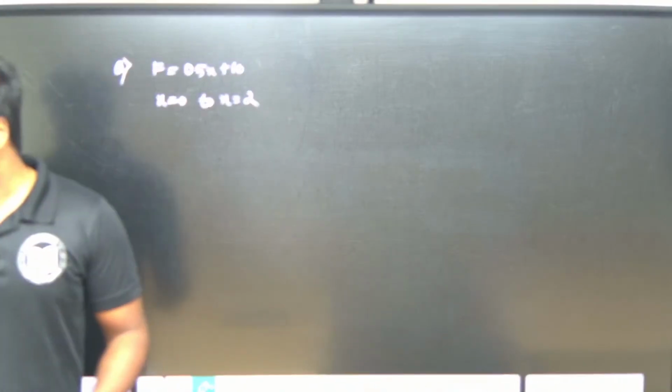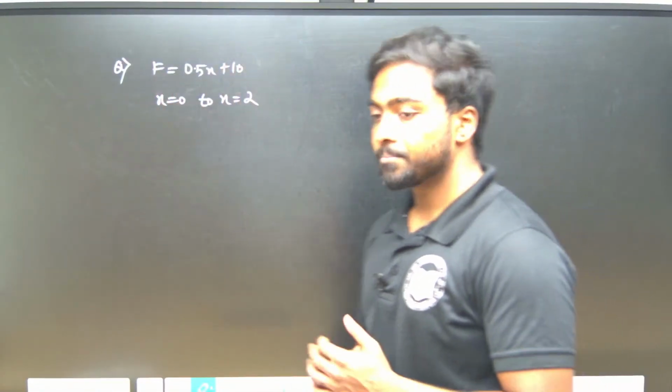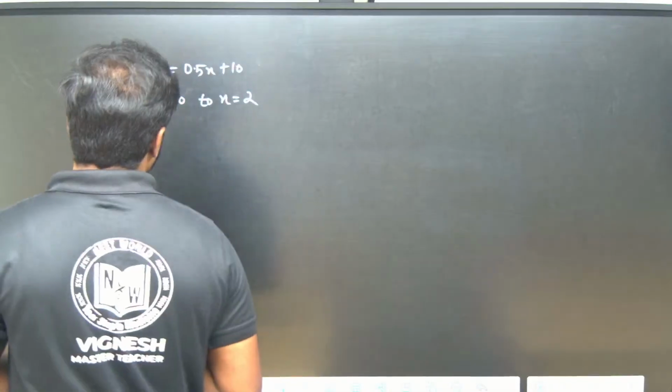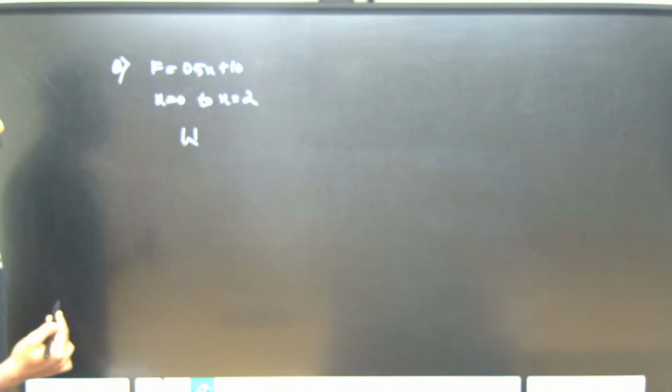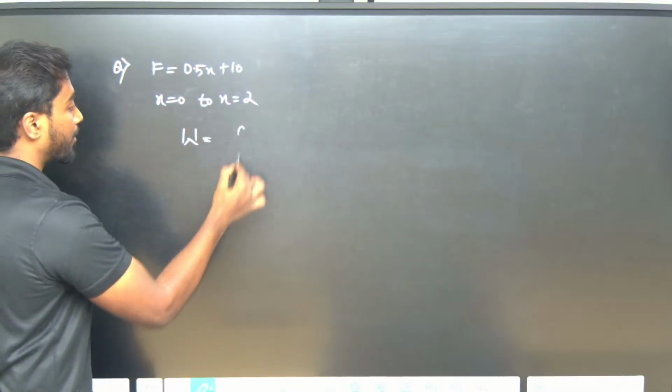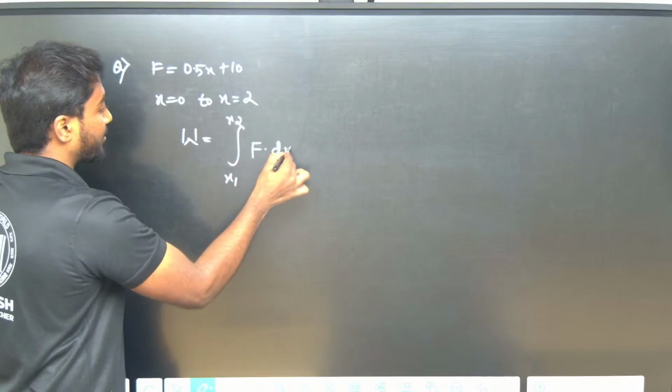Since this is a variable force, if I substitute the value of 1 I will get a different force, and if I substitute the value of 2 I will get a different force here, right. So I need to get the value of work done now. The formula for work done by a variable force is the integral from x1 to x2 of F dot dx.